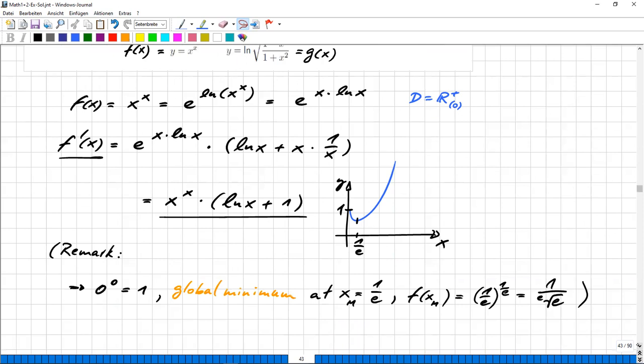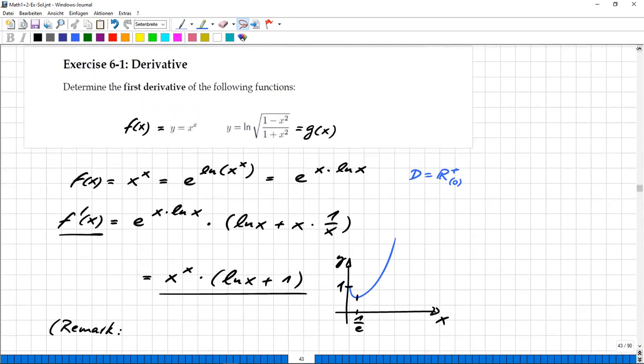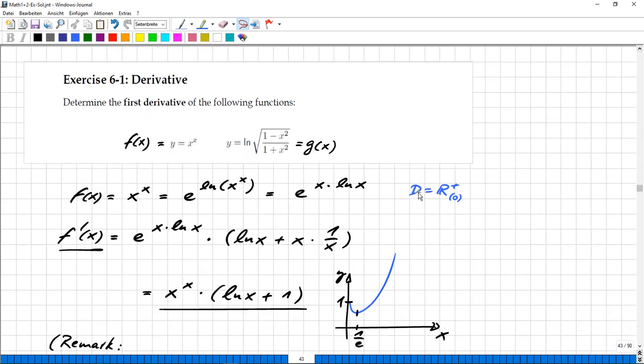It's quite surprising that this function x power x has a graph which looks roughly like this one. It has the feature that, in the region of low positive numbers, you should be careful and say here, definition, domain should be positive real numbers, perhaps including the zero. Zero is a critical case, but it's possible.